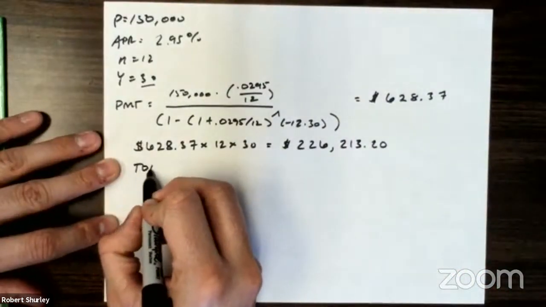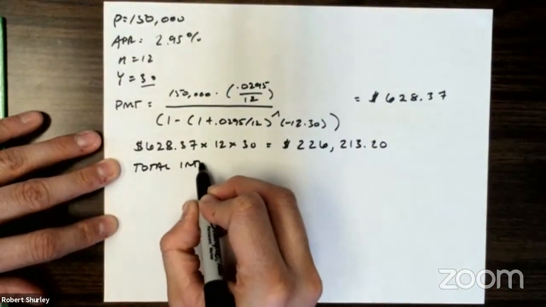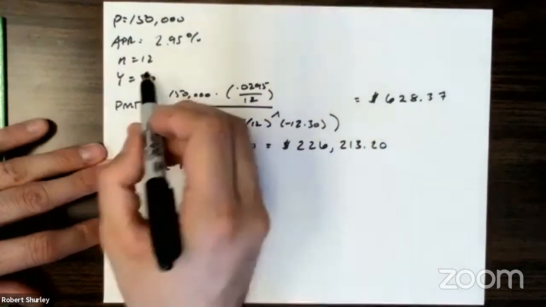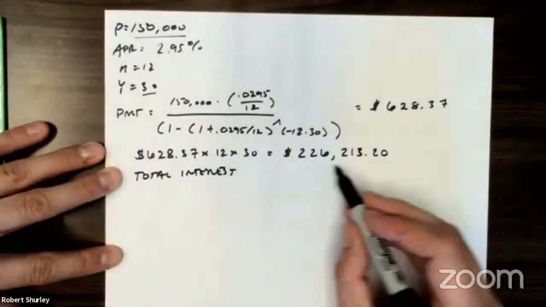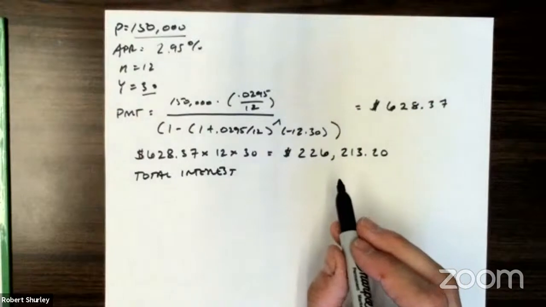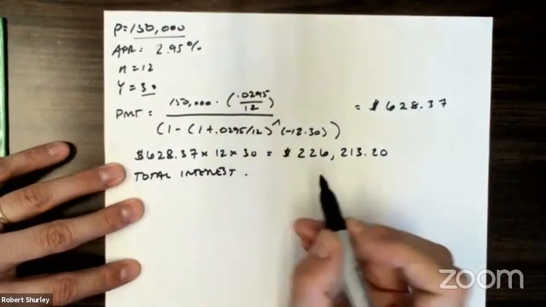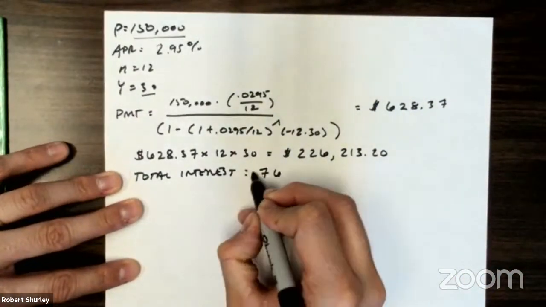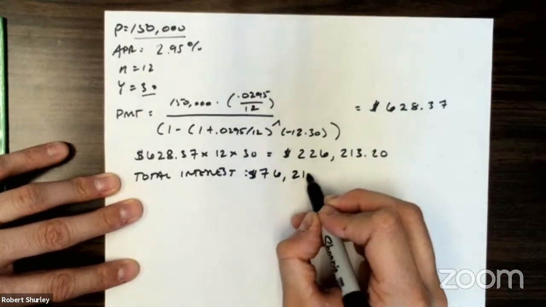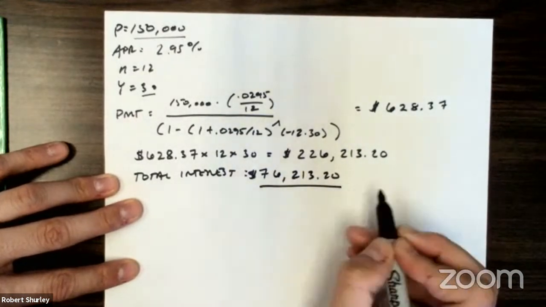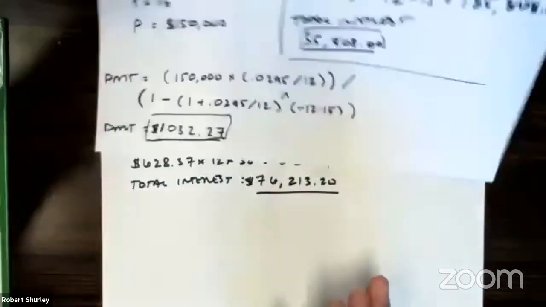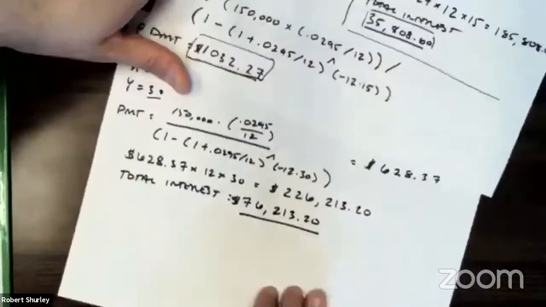For total interest, the principal was 150, so it's this minus 150. That's $76,213.20. So we more than doubled. Think about this, guys.